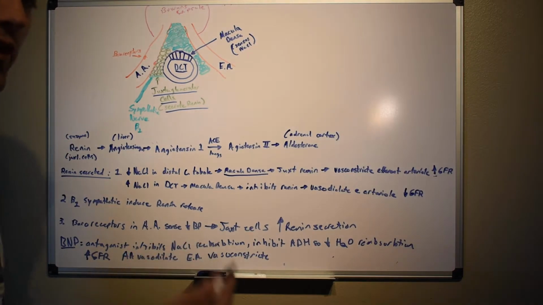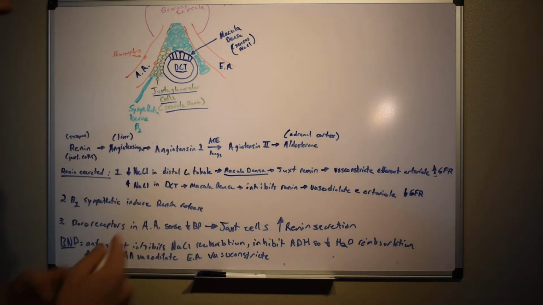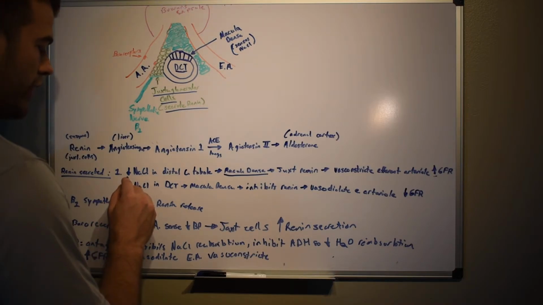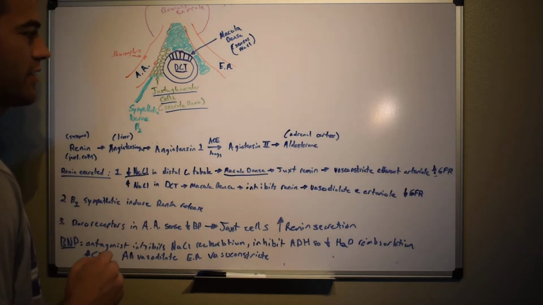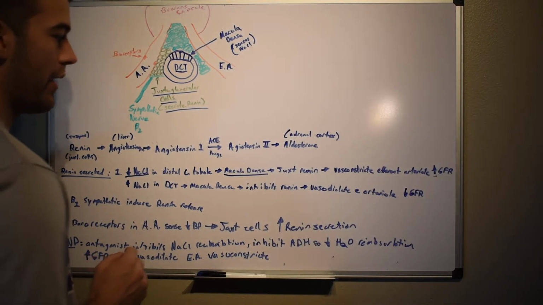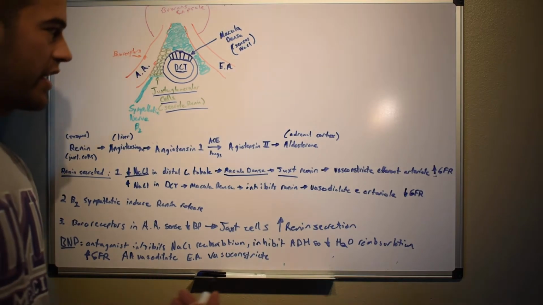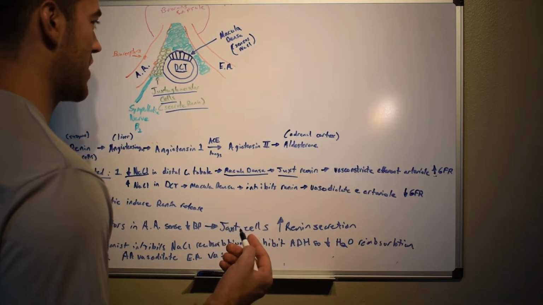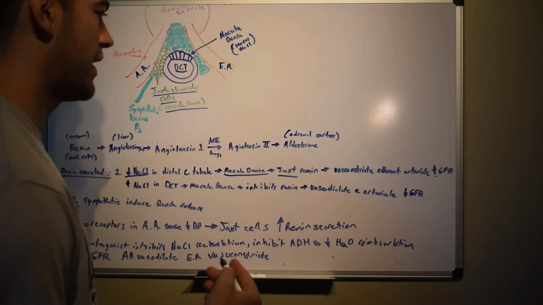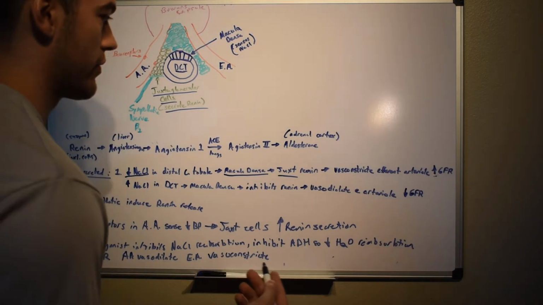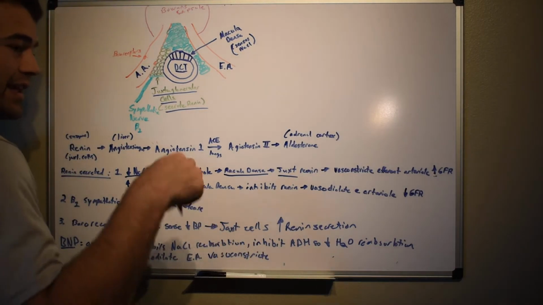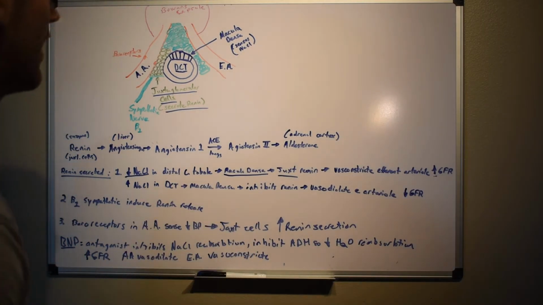They're going to signal in a paracrine fashion, which we touched on in our GI lecture. Paracrine meaning right next to. It's going to send a little paracrine messenger across that says, hey, we don't have enough salt in our distal convoluted tubule. And then the juxtaglomerular cells go, oh no, that's not good. We need more salt in there. We need to increase our glomerular filtration rate, or GFR, to push more salt out.